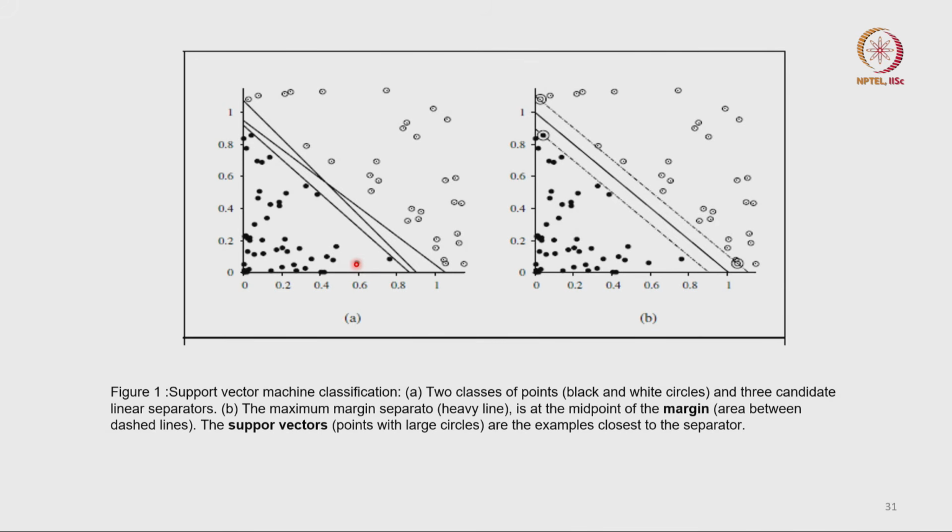What you are trying to do is find a hyperplane which is far away from both these classes. That is what you mean by the maximum margin. That is what is done here.